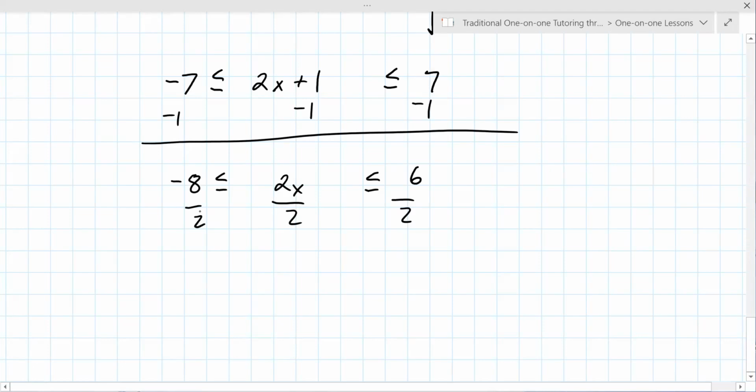Okay, what is -8 divided by 2? -4. What is 6 divided by 2? 3. They're both positive.